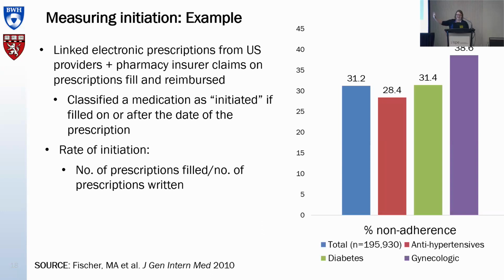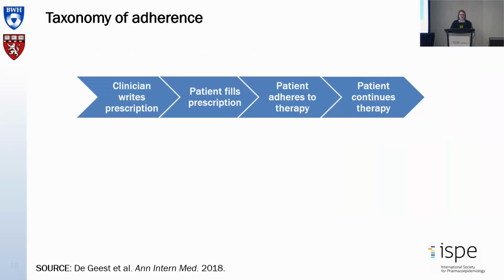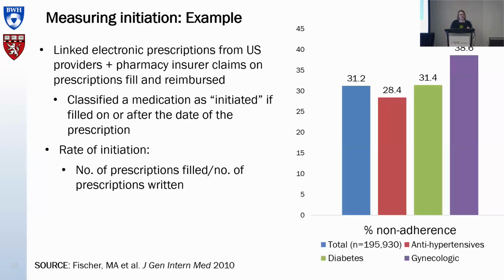So what you're saying is that among those who did not fill, the actual initiation rates were 70%. This example covers hypertension, diabetes, and gynecologic medications, just to give a flavor of what this looks like. In this case, they counted any time after the prescription was written.